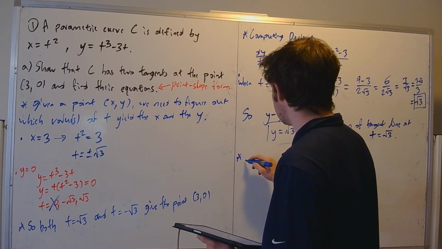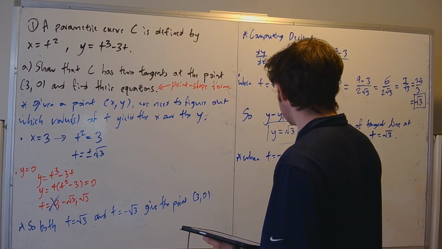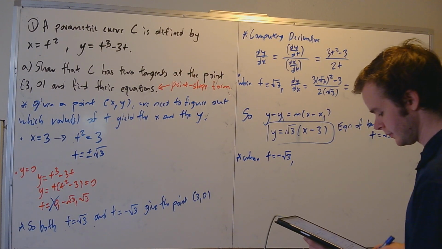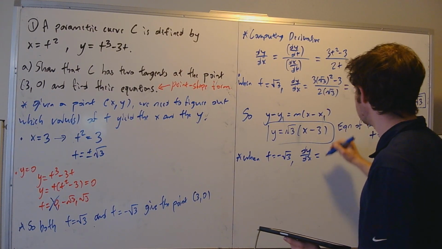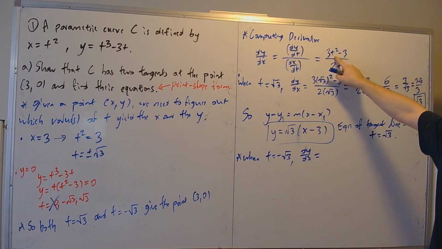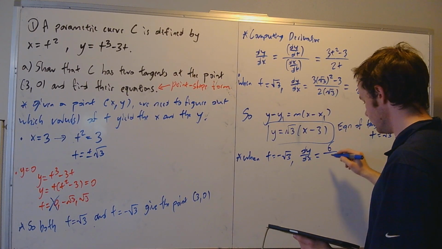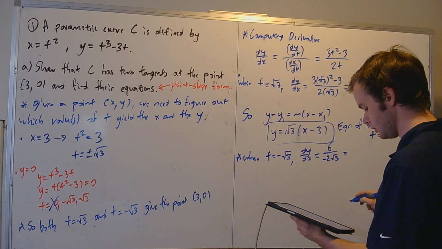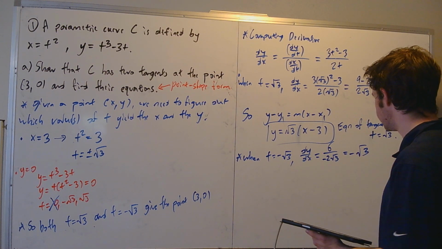And when t equals negative root 3, if we just plug in negative root 3 up here, then we're going to get the dy by dx equals, so you just plug in negative root 3 into this equation, and you're going to get 6 over negative 2 root 3, which ends up giving you negative root 3.